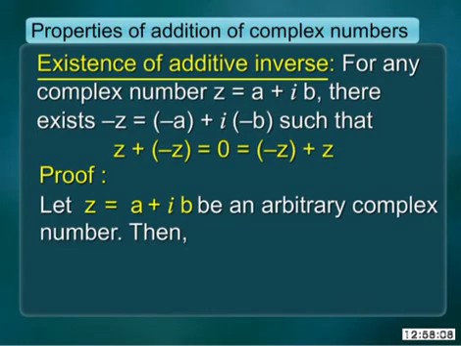Let us prove this property. Let z is equal to a plus iota b be any arbitrary complex number.